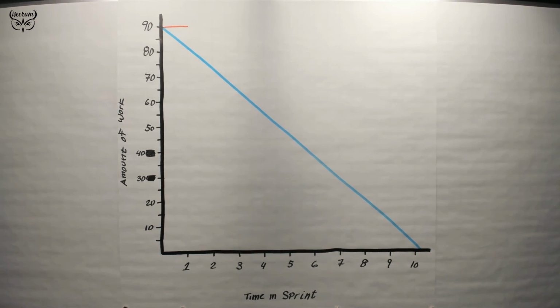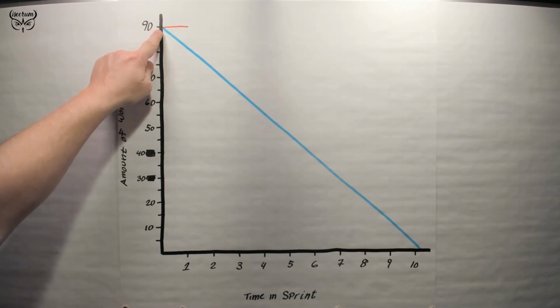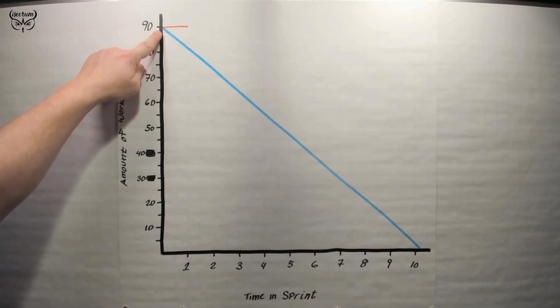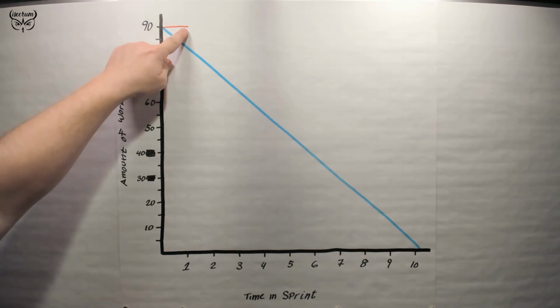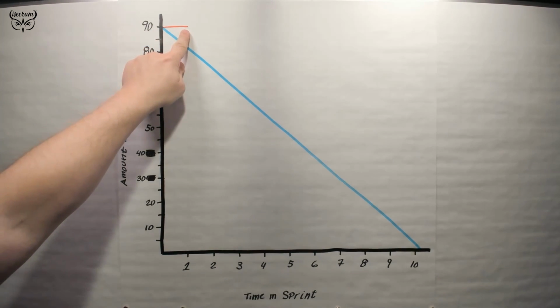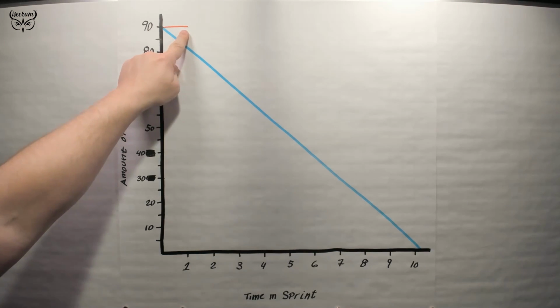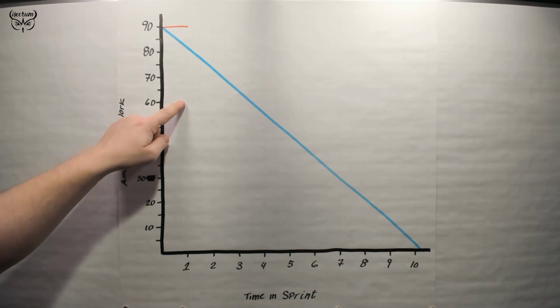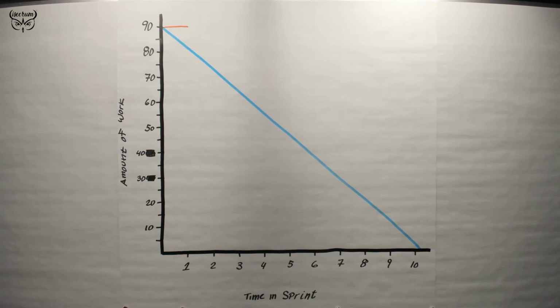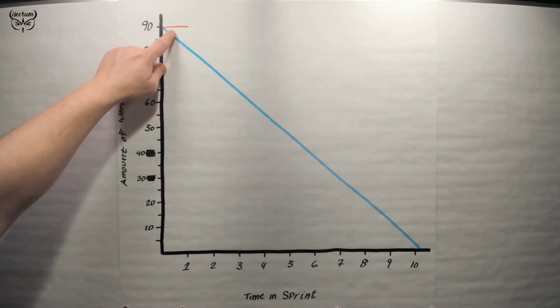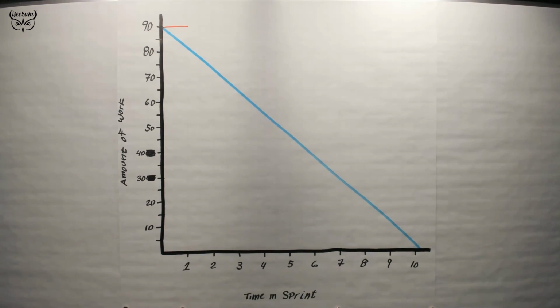Let's draw the burndown line in red. We came straight out from the very first moment of the first day of the sprint, and at the end of the first day of the sprint, we have not completed any work. So we have not burned down any work. So at the end of the first day of work, we're indicating that we still have 90 points of work left.